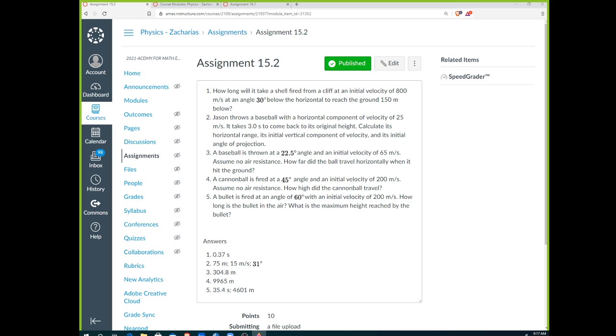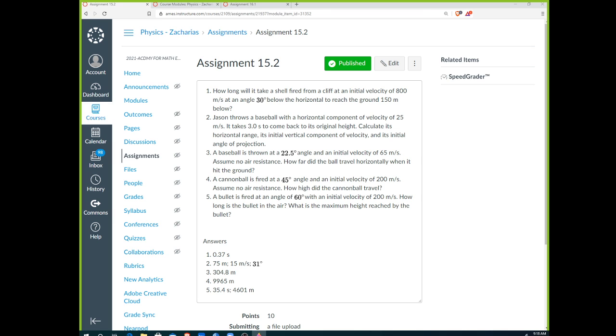Let me move this on the other screen so I don't have to deal with that every time. Okay, I just want to make sure I get this written the way it is in the problem.